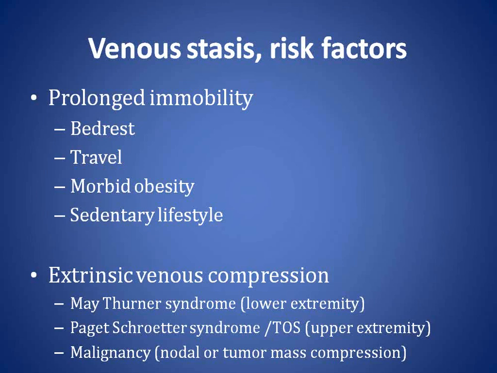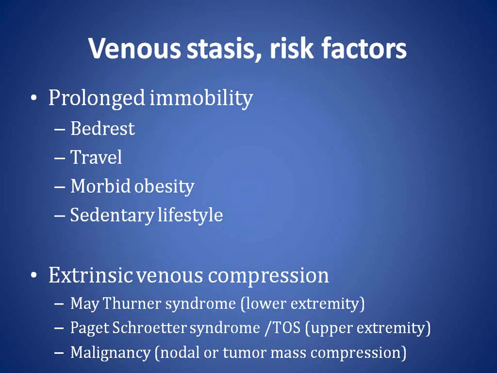If you're not moving, the muscles to compress the veins and pump the blood forward, it's set up for DVT. And then other things can cause venous stasis by extrinsic compression: May-Thurner syndrome, which is the case example that I showed you, in the lower extremity. Paget-Schroetter syndrome is another one of those strange names which you may or may not have heard. It's also called effort thrombosis or thoracic outlet syndrome.